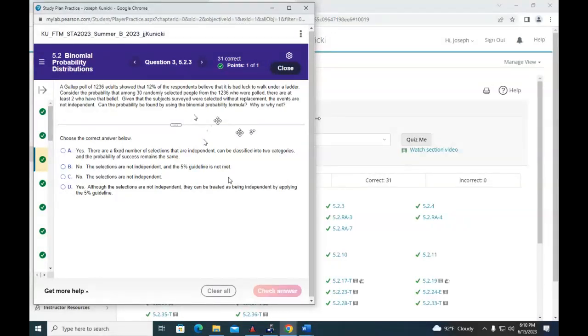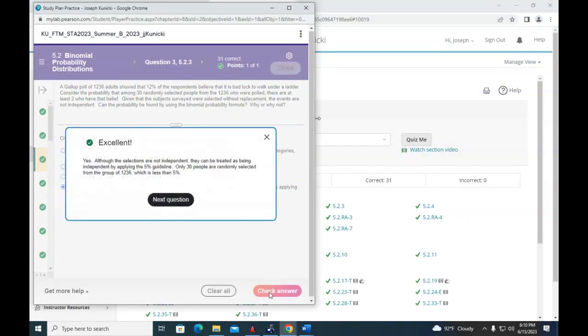So we can assume independence because the sample is less than 5% of the population. Although the selections are not independent, they can be treated as independent by applying the 5% guideline. Remember that one? This is a case where we can do that.